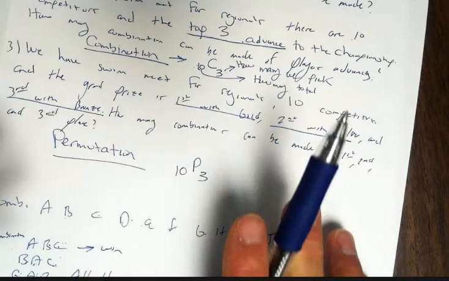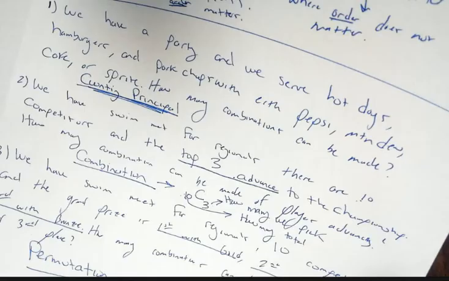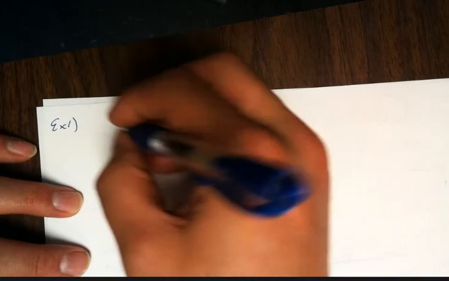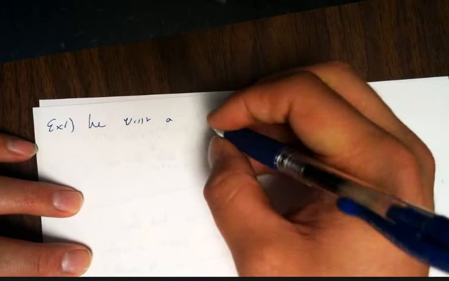Now, the last thing I want to go over, now that we kind of got an idea of what this looks like, and this is, to me, the most tricky type of problem to work, has to do with time. So we visit a college.